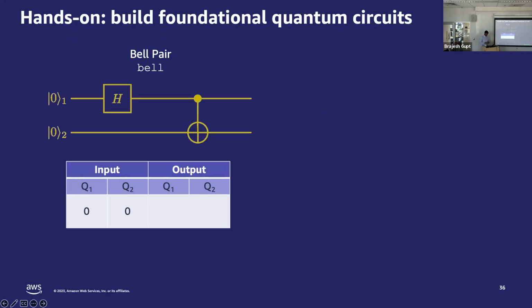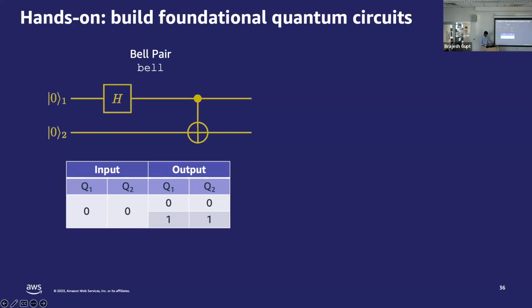All right. So now let's build a very foundational quantum circuit with the two gates that we just learned: Hadamard for superposition and CNOT for entanglement. So we take two qubits, right? There's a Hadamard gate and there's a controlled NOT gate. If you do some computation here, after applying Hadamard on 0, you get 0 plus 1 over square root 2, and then these are two possibilities of the output state you will get at the end.